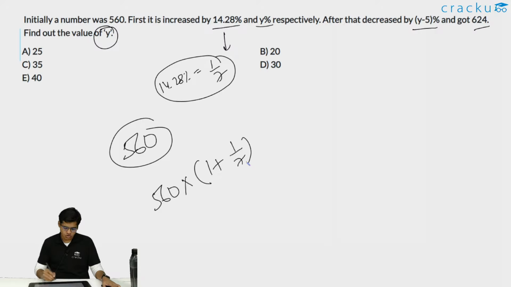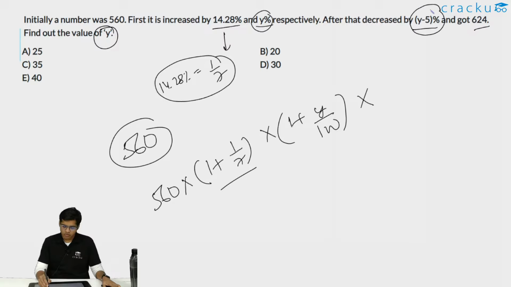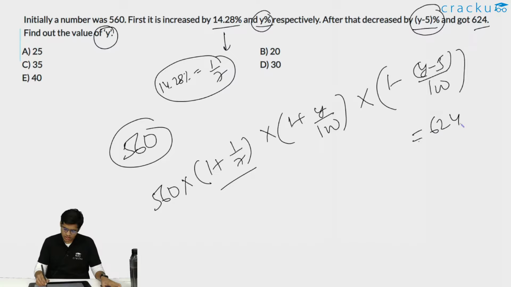Percentage increase, so the multiplying factor would be 1 plus 1 by 7. This multiplied by y percentage, 1 plus y by 100. And then it is decreased by y minus 5%, means 1 minus y minus 5 by 100, right? And this is being given as 624, right? This value is given as 624.